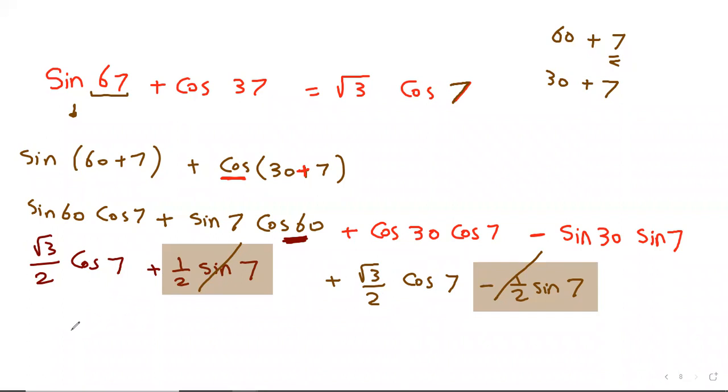We will add them, so it's 2 root 3 over 2 cosine 7, because we have root 3 over 2 cosine 7 repeated twice. Cancel 2 and 2, so it's root 3 cosine 7. And that's the right-hand side.